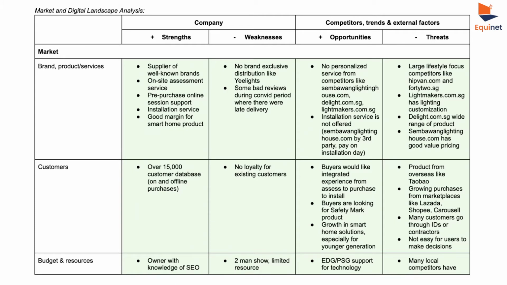Think back to our previous lesson on the 3 C's where you talk about your company and competitors. When evaluating your own company, there are a few factors to look at: your brand and how it's received, products or services, budget, team or agency support, skill sets, customer base, and more.